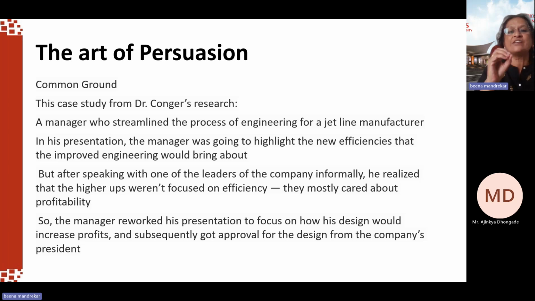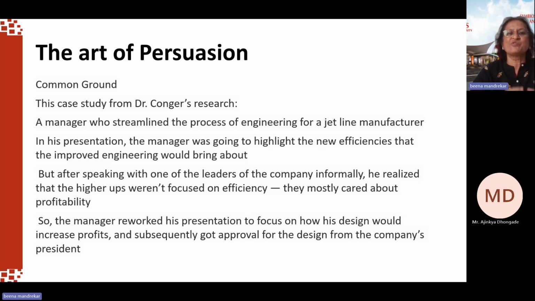He was going to tell them about the efficiencies that new and improved machinery would bring about. But luckily, he spoke to one of the company leaders informally, and he realized that the company managers or the higher ups were not interested in efficiency or streamlining.